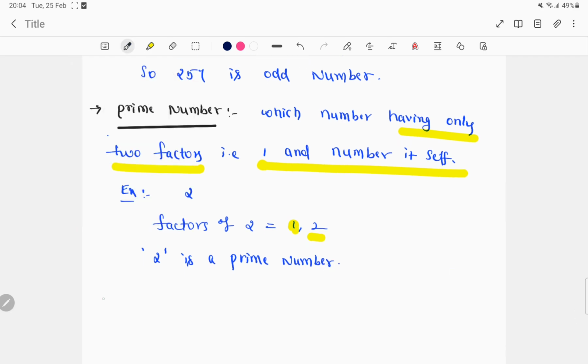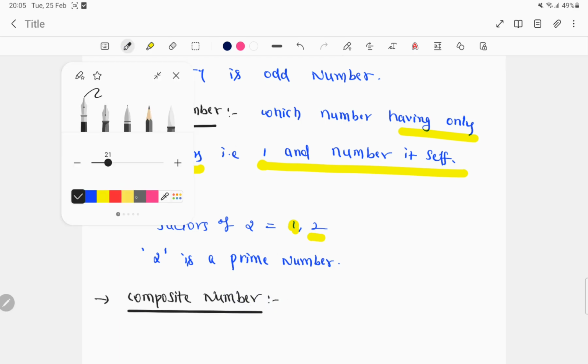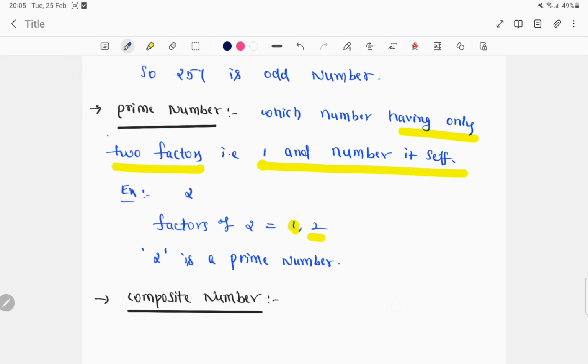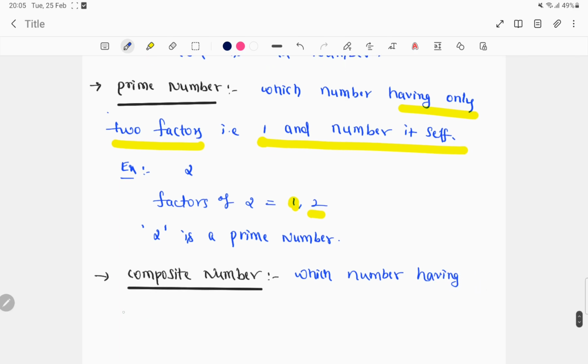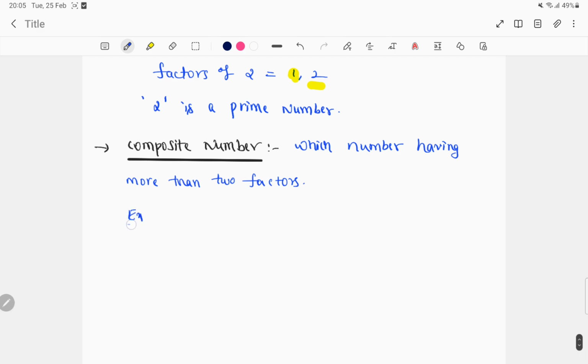So next one, composite number. Prime number has only 2 factors. Here a composite number is a number having more than 2 factors. For example, I am taking 4.